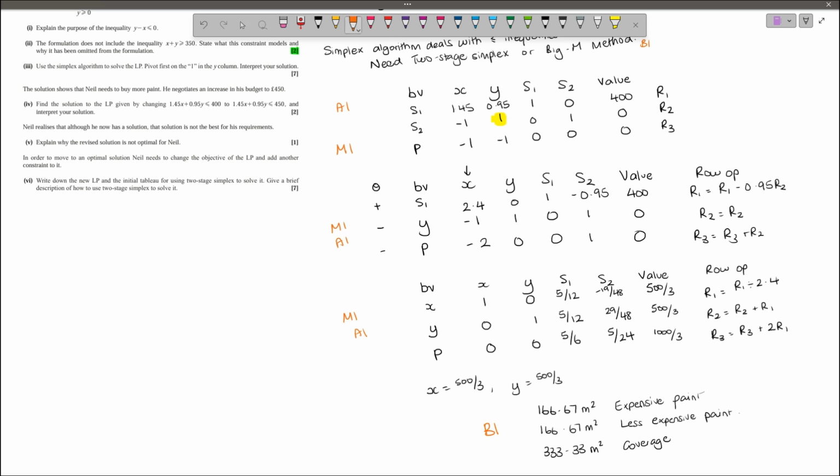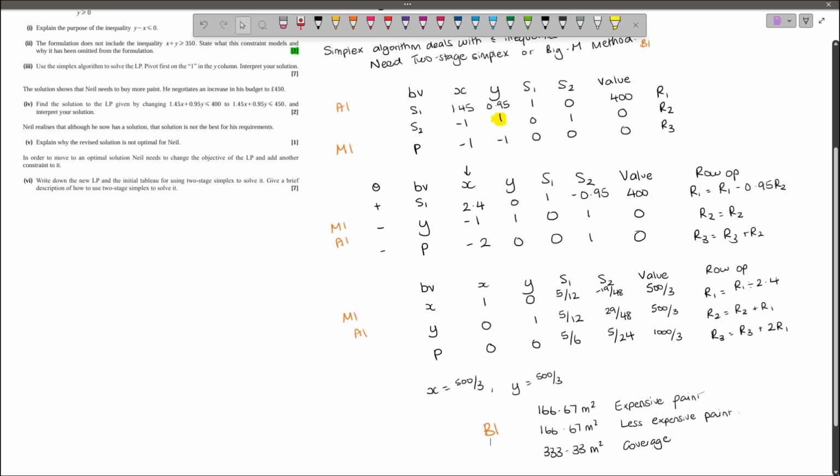If we increase 400 to be 450, we'd be dividing 450 by 2.4 instead of 400 by 2.4. So our values would become 450 divided by 2.4 instead of 500 over 3. And the values for x and y are the same.